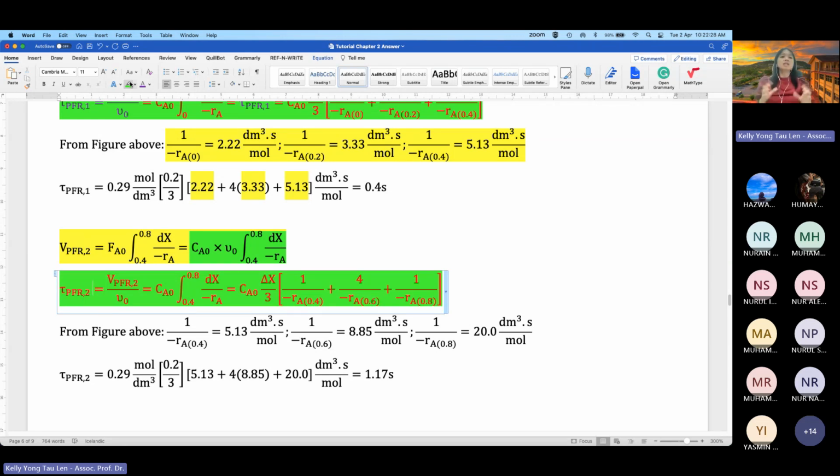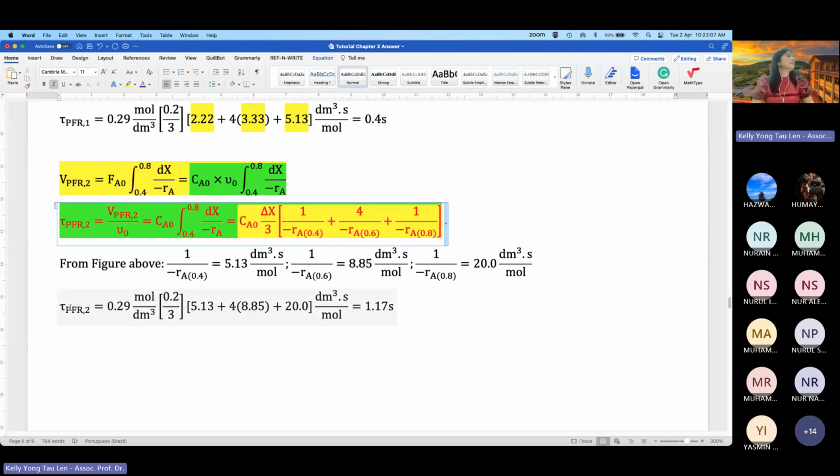So you make a small change and you get what you want, which is the space-time for the second reactor. What happens to the left-hand side? It is now left with only CA0, because epsilon naught has moved to the left. So it becomes CA0 times the integral from 0.4 to 0.8 of dX per minus RA. Again, the integral part, you change into the Simpson 1/3 rule.